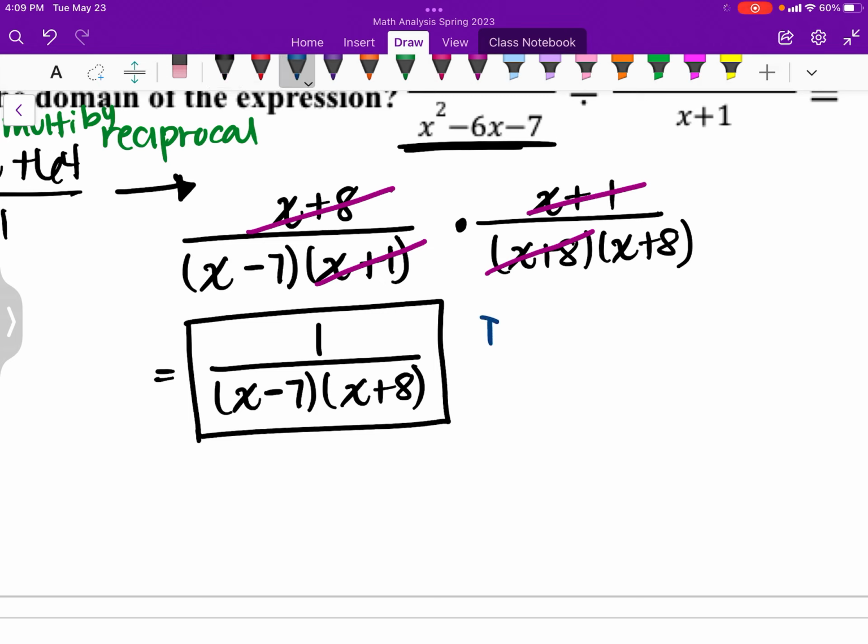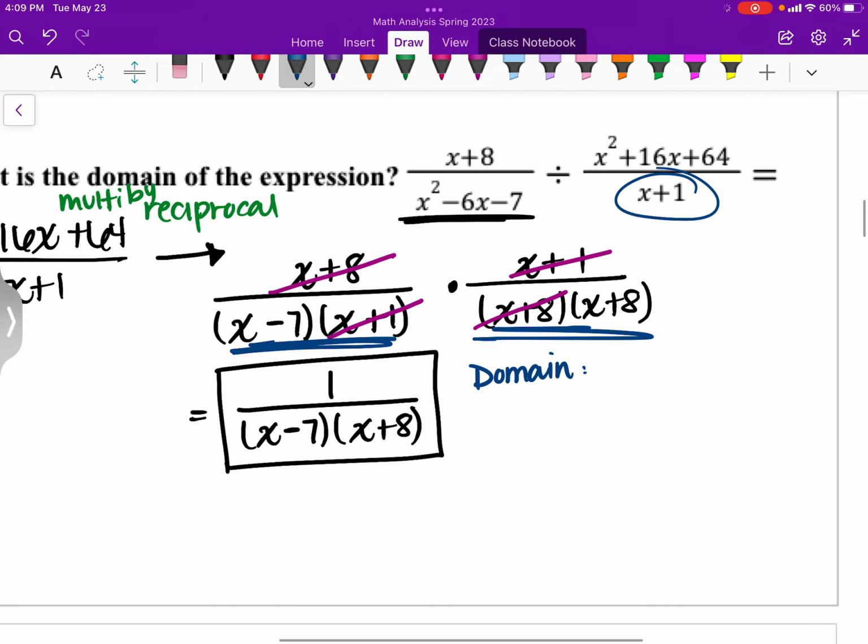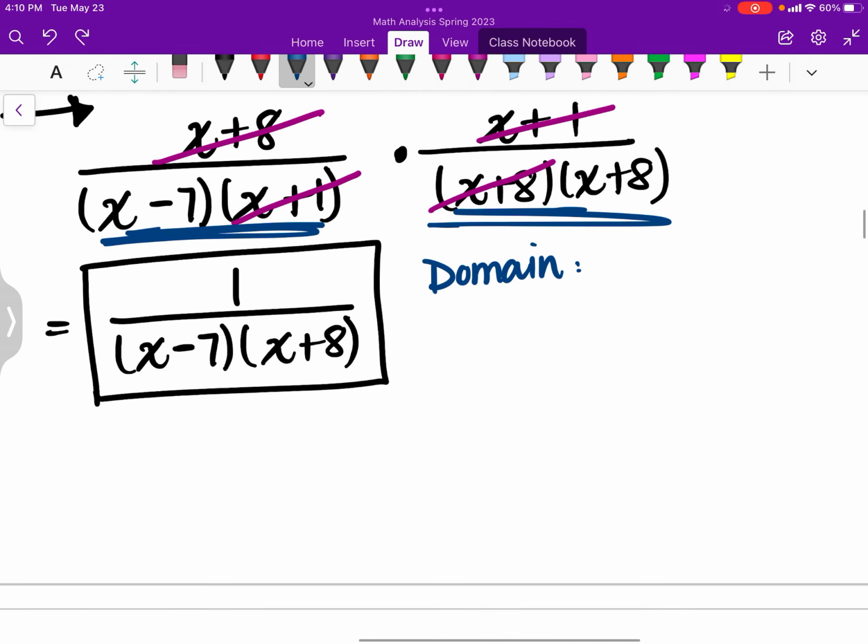From there, we still have to state the domain. And the domain in this case, guys, we're going to focus on what we have in the denominator. We could have also started the domain from here, but since we ended up doing the flip, I'll just focus on this one here.